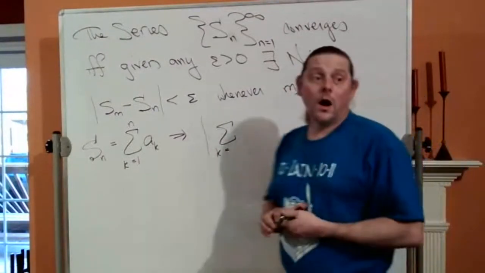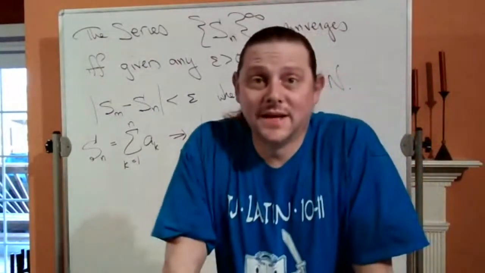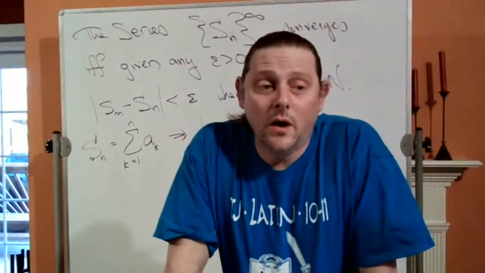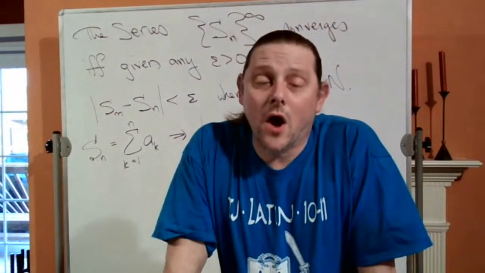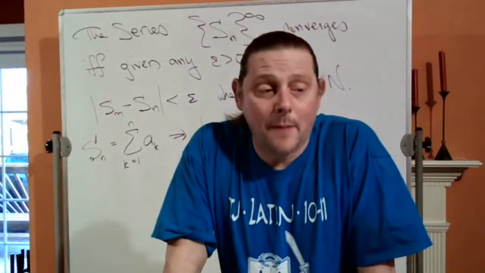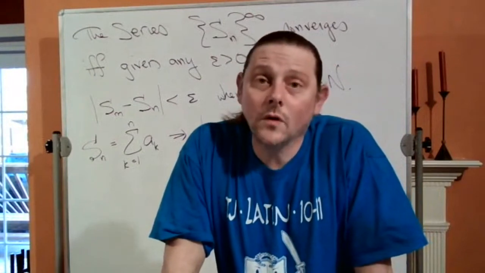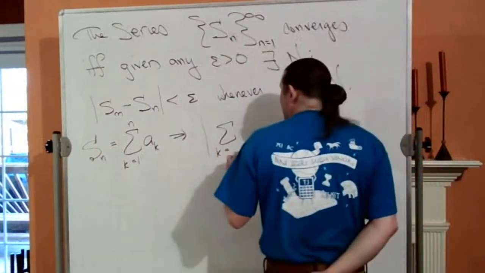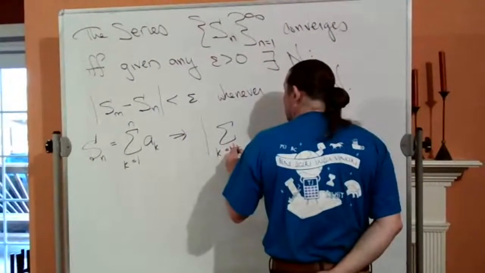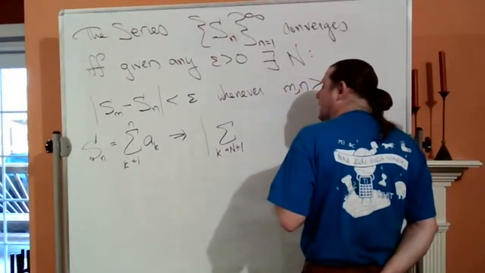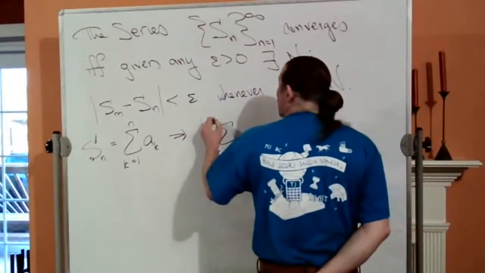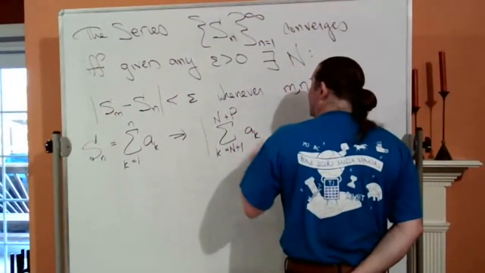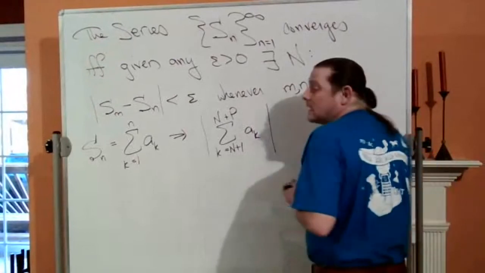All right, so now I'm looking at the difference between the sequence elements at two values that are larger than capital N. So I'm going to write that as the sum from k equals capital N plus 1 to capital N plus P of a_k, like that.